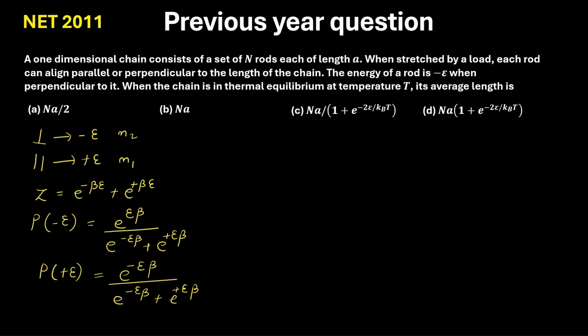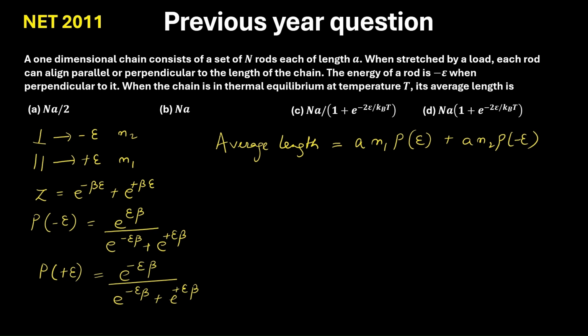So now we have got the probability of both these configurations. The length of each rod is A. So the average length we can write as A into N1, that is the number of rods in parallel configuration, into P of epsilon, plus A and 2 P of minus epsilon.